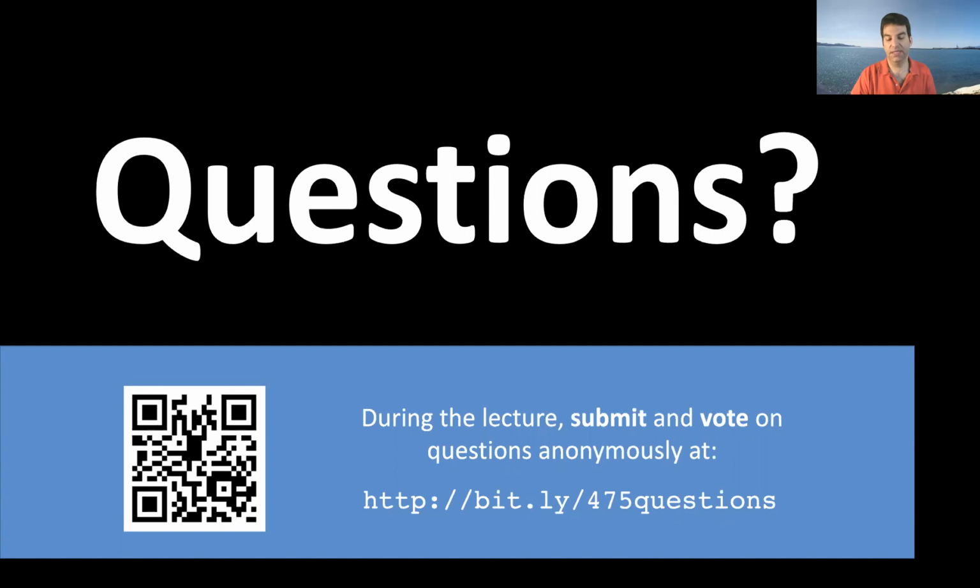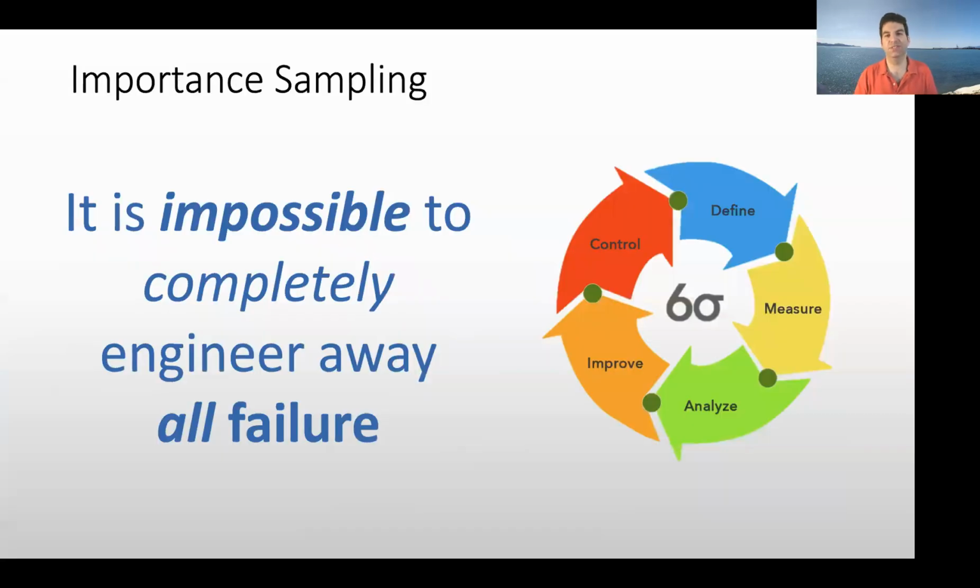All right. So now I want to jump into a different topic, one we didn't get to last time, but it is important: importance sampling. As you know from other classes, it is impossible to completely engineer away all failure. What we can do, hopefully, is make failure rare, and we can even control how rare that might be. Six Sigma has two visions.